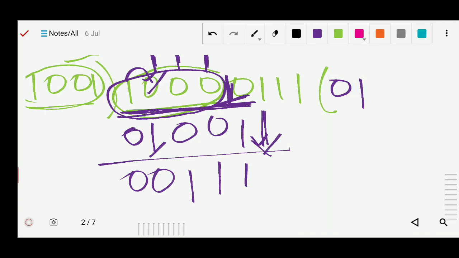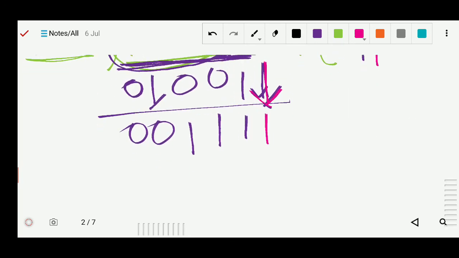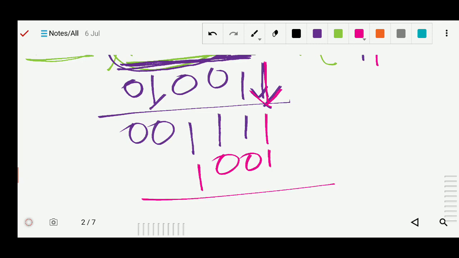Now this one is coming down here. Now again one time, so what will be here? 1 0 0 1. Now we subtract: 1 minus 1 is 0, 0 minus 0 is 0, 1 minus 0 is 1, so 1 1 0.